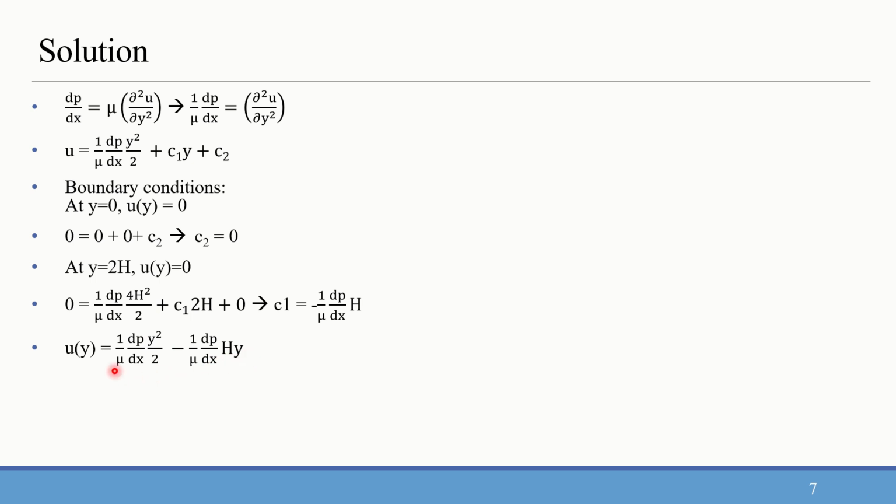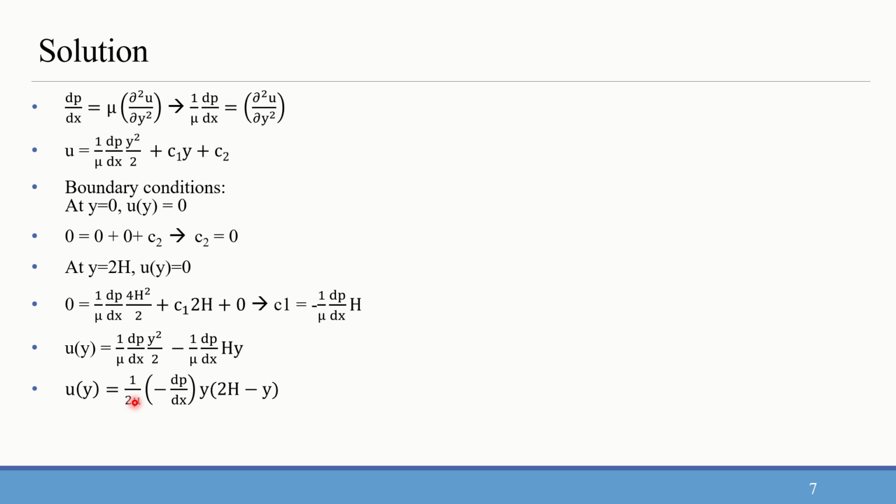So now after that we are taking all the common terms. So it becomes u of y is equal to 1 by 2 mu, we are taking common, and we are taking dp by dx also common, we are taking a minus. So what happens? It becomes 2h. Y also we are taking out as common, so it becomes 2h minus y. Why?